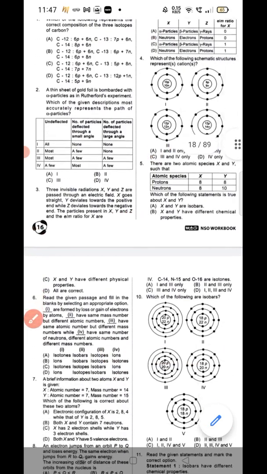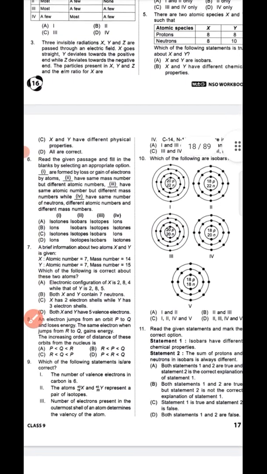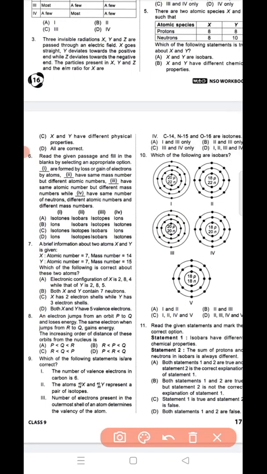Next, question number 6. Read the given passage and fill in the blanks by selecting the appropriate option. Number 1 are formed by loss or gain of electrons by atoms. Number 2 have the same mass number but different atomic numbers.